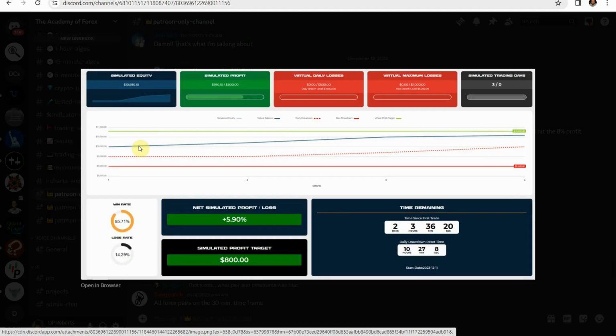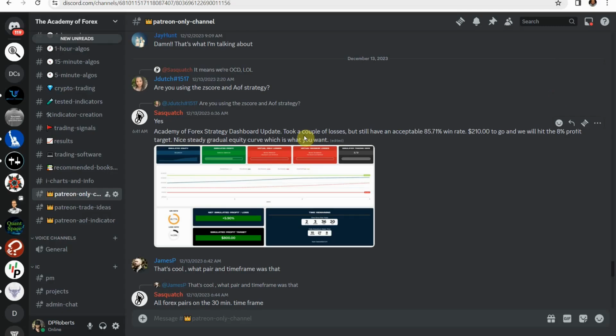Nice little profit on the account, and a really nice equity curve just slowly taking its way up there. You can see what he says about the update on the challenge right here, and it just lends some more validity to the Academy of Forex strategy and its capabilities.